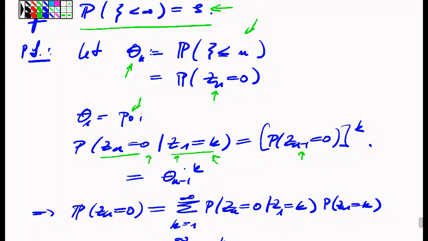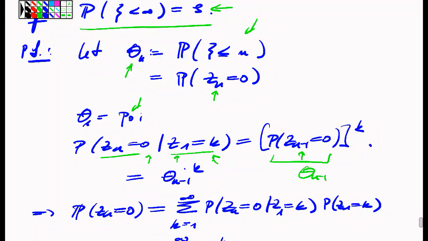But all those subfamilies behave independently because they don't interact with the other subfamilies. And this question then extends over a time period of n-1 generations. This quantity for an individual family starting from one individual at initial time to get extinct, this is the quantity which we call theta n-1.